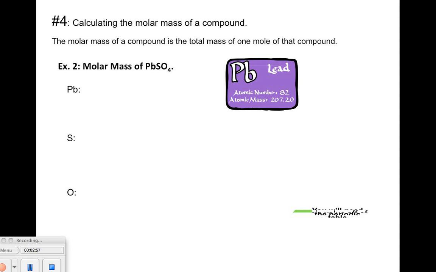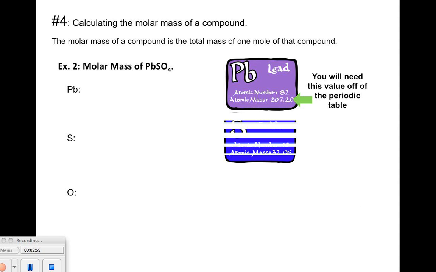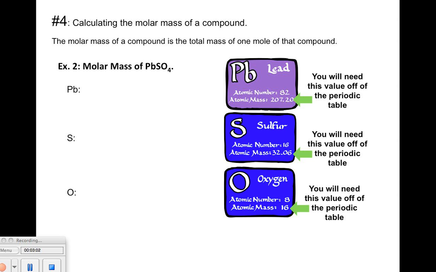So get out your periodic table again and look for the mass of lead, the mass of sulfur, and the mass of oxygen. The next step is to figure out how many lead, sulfur, and oxygen atoms we have, and then figure out the masses for each of those.